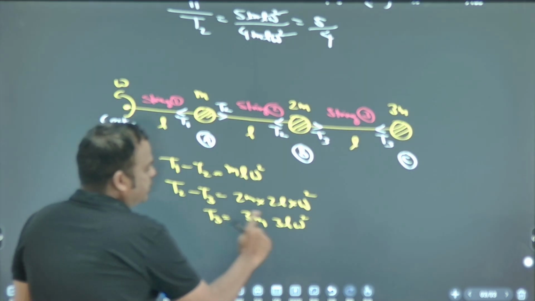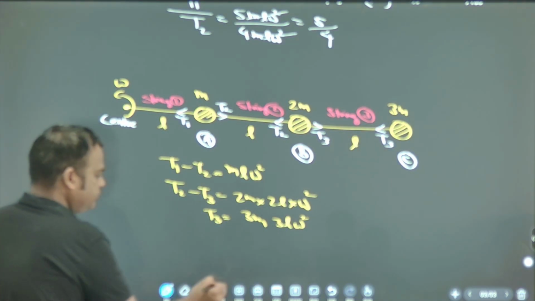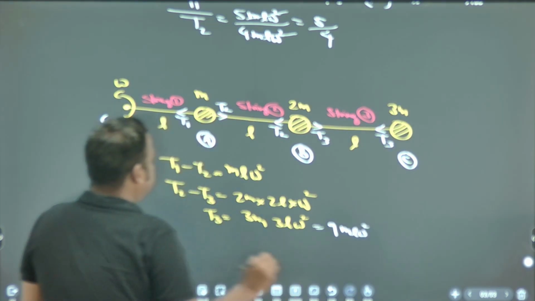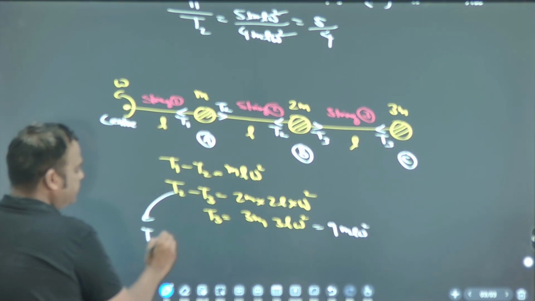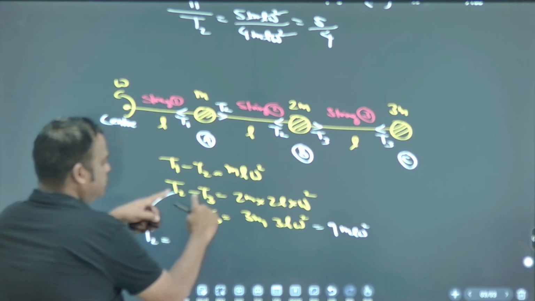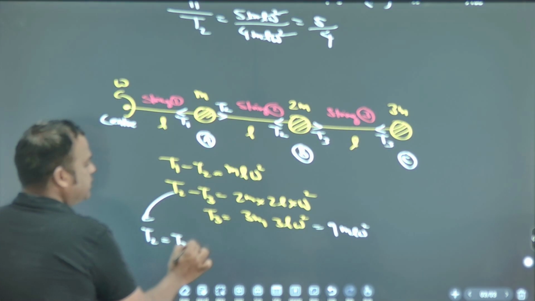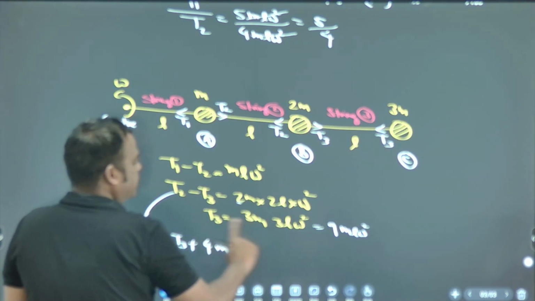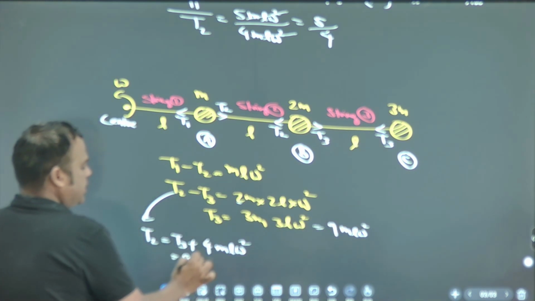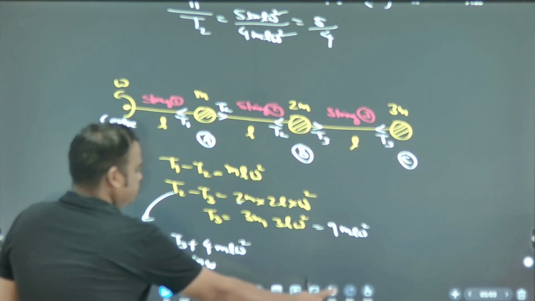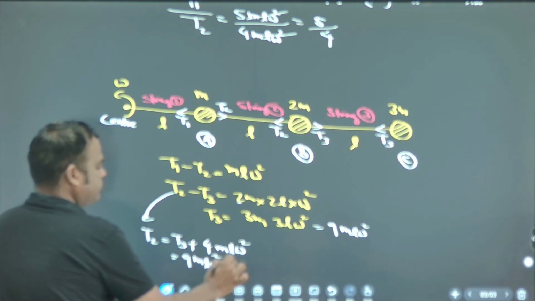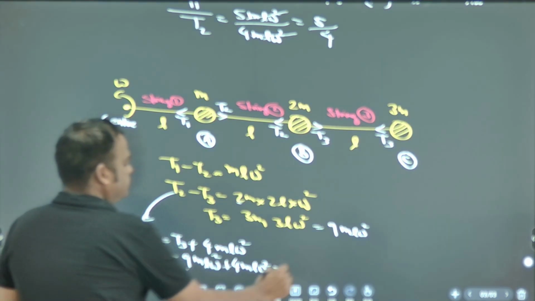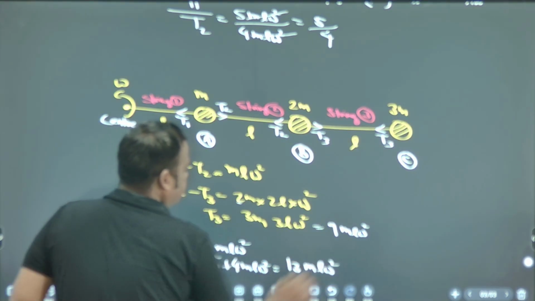So T3 is equal to 3 into 3, 9. So this is 9 ml omega square. Correct. Now calculate T2. How to find T2? T2 will be T3 plus 4 ml omega square. T3 is this 9 ml omega square. So what is T2? 13 ml omega square.